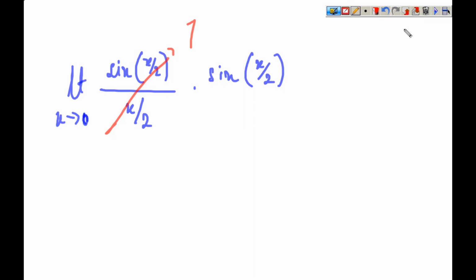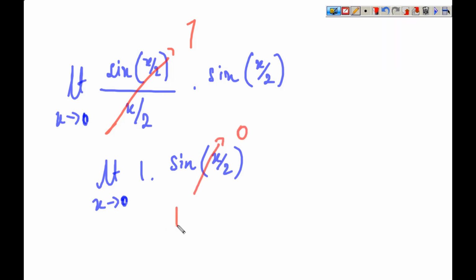So we can simply write it as limit as x approaches 0 of 1 times sin x by 2. If I apply the limit as x approaches 0, x by 2 will become 0, so sin of it will be 0, and we are left with 1 times 0 equals 0. So the answer to this question is 0, not 1.